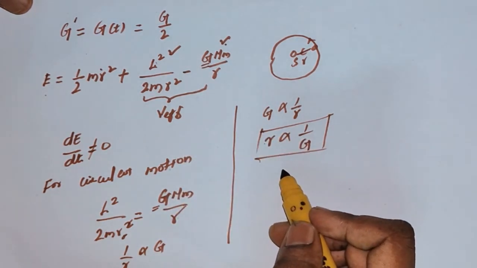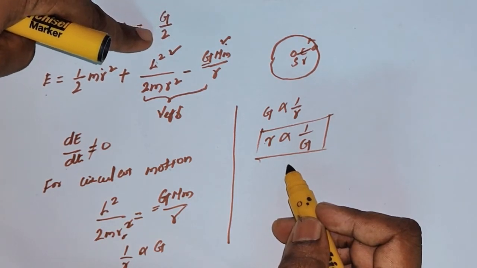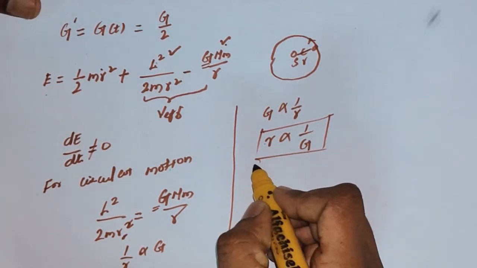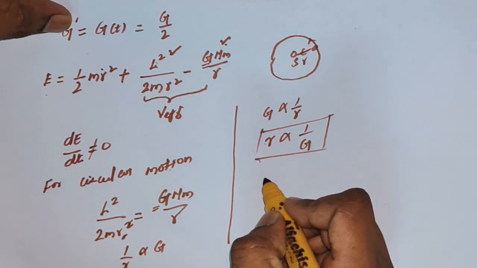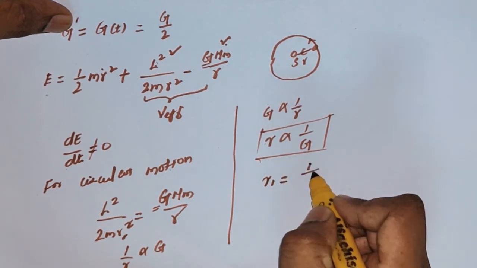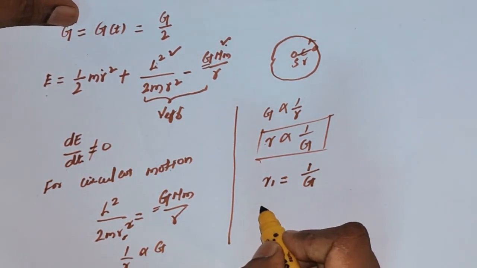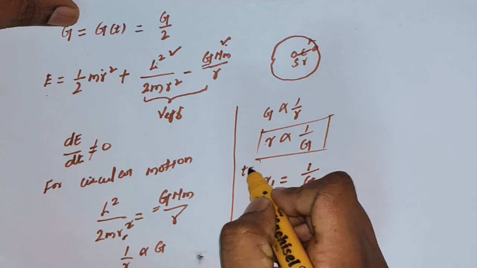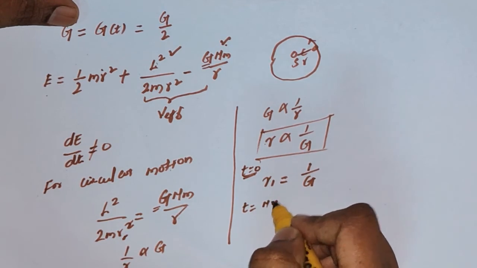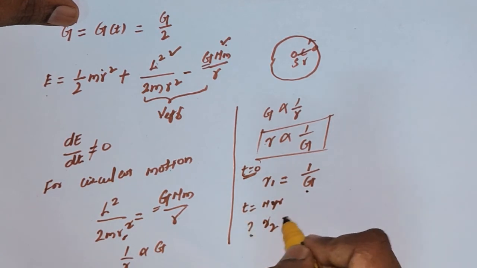Now, they have given that after millions of years G is reduced to half, so what is the new orbital radius of the planet? Initially, at time t equal to 0, the planetary radius R1 is proportional to 1 by G. After a million years, G is reduced to half, so what is the new orbital radius R2 we want to know.